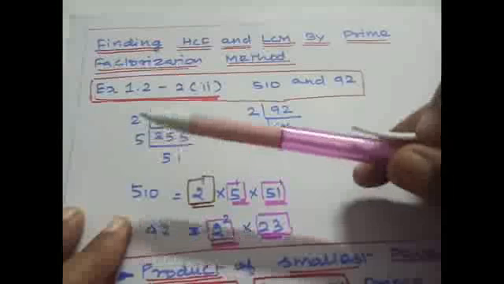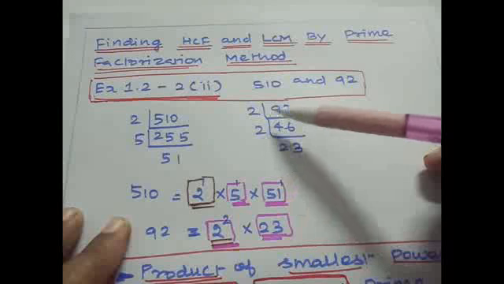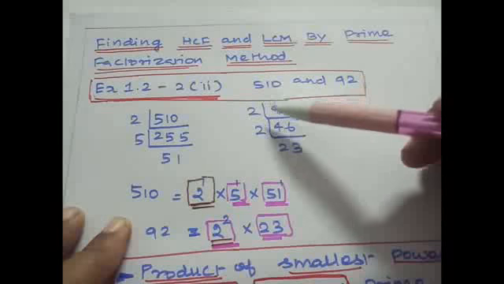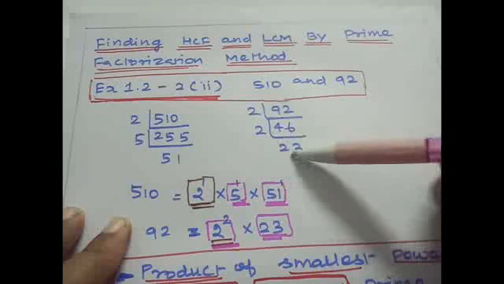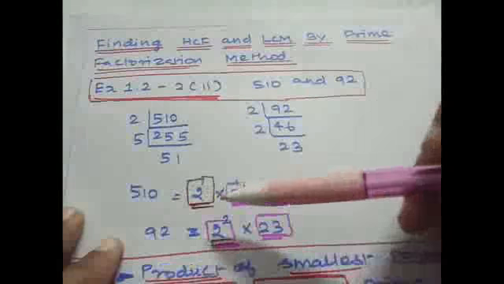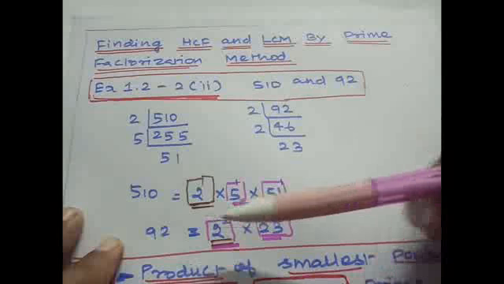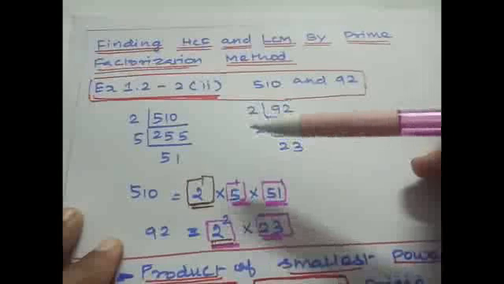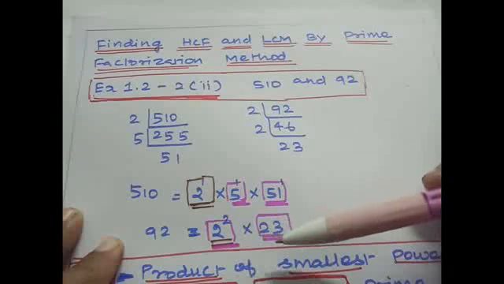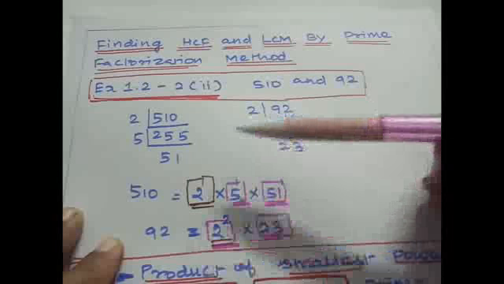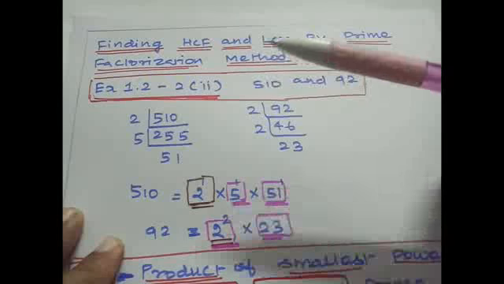I have the factors 2, 5, 51 like this. If you do the L division for 92, you have the prime factors 2, 2, 23. So 510 I can write as 2 into 5 into 51. 92, instead of writing 2 times 2, I have written 2 power 2 into 23. For these two numbers, I have to find the HCF and LCM.